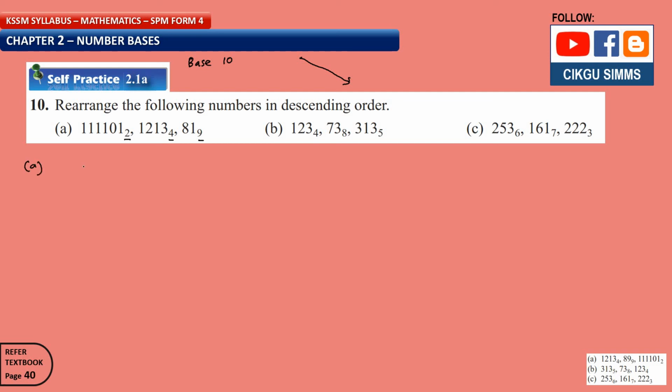So for question A, 11101 base 2. The place value 0, 1, 2, 3, 4, 5. So I am finding the number value here. Equal to, I have 6 digits, so I can do like this.